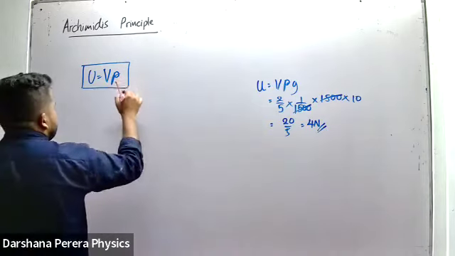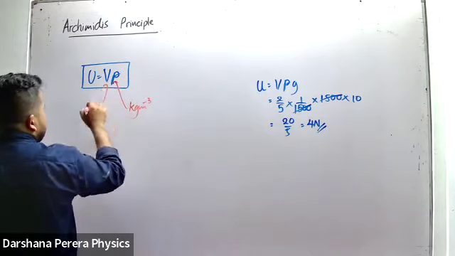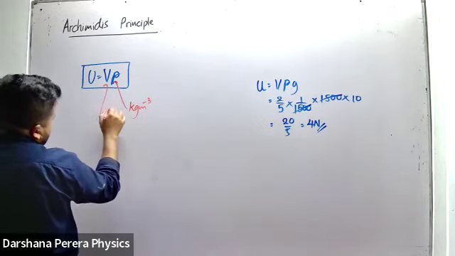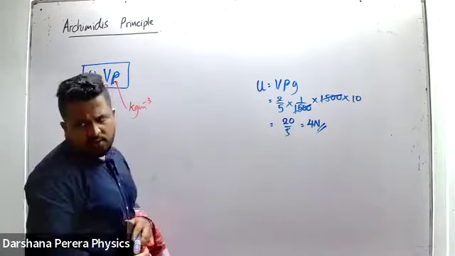Rho equals what? kg m^-3. It is m^3. Therefore, the answer is kilogram. Write down that also.